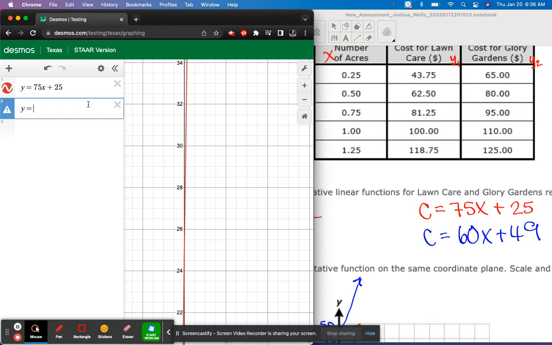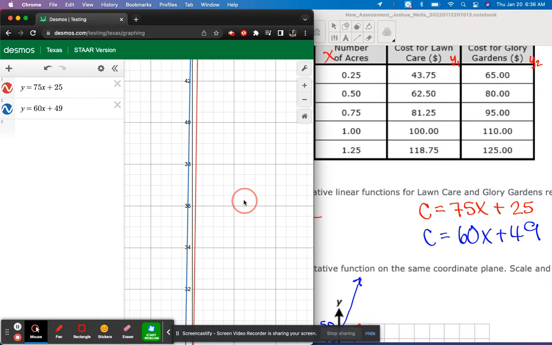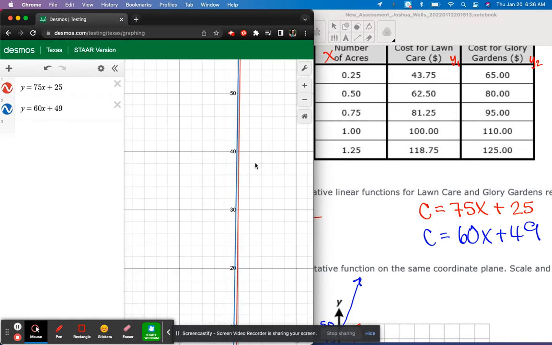In Desmos, I need to go ahead and graph the second equation. So y equals 60x plus 49. And we're looking to see where these two graphs cross. I have a feeling it's going to be somewhere in this area, but we'll see. So I'm going to zoom out.